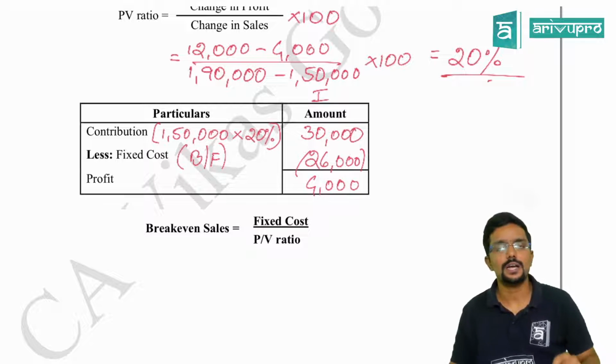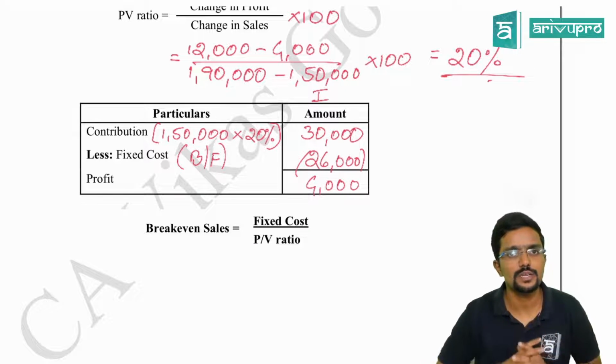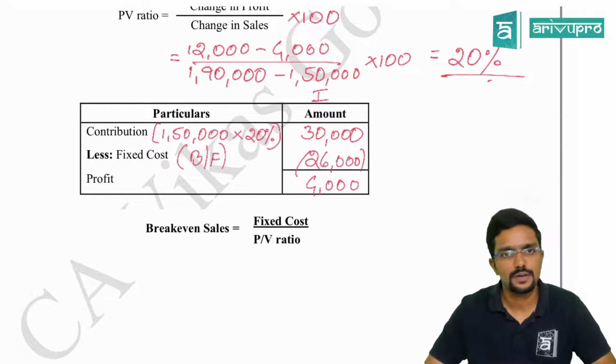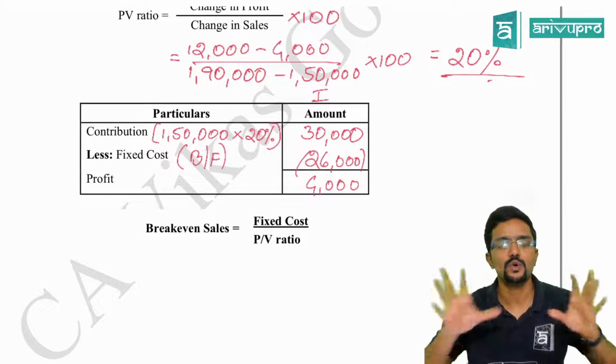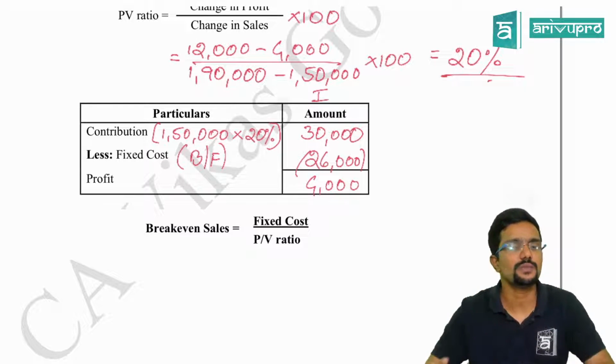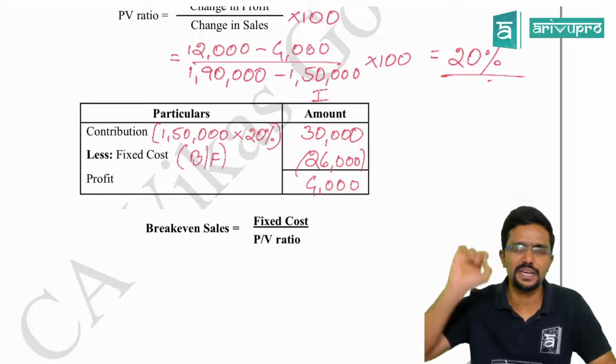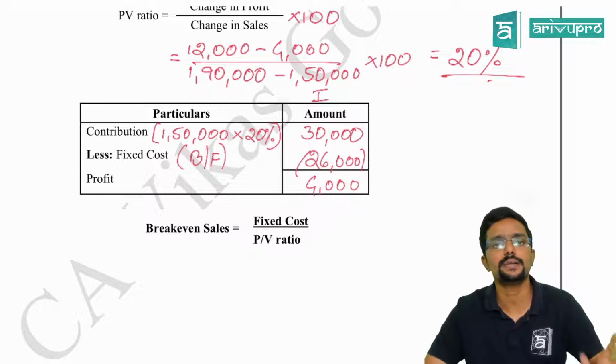Agree? So normally, until and unless given in the question, PV ratio and fixed cost will remain the same for period 1 and period 2. If there is any change, they will specifically give it in the question. If not, it always remains the same.